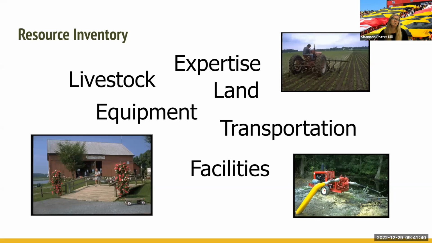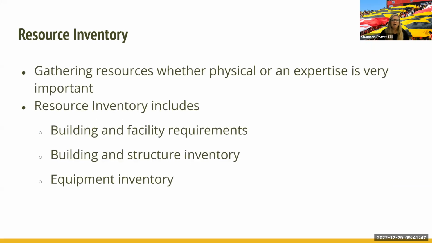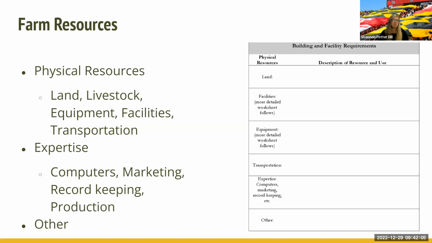So as I mentioned, the first step is a resource inventory. And this is, again, stepping back and looking at both physical resources or maybe skills that are available to the farm. So gather those resources, try to get an inventory of those. I'm going to share a couple charts that can help organize those. The first one is physical building and facility requirements.